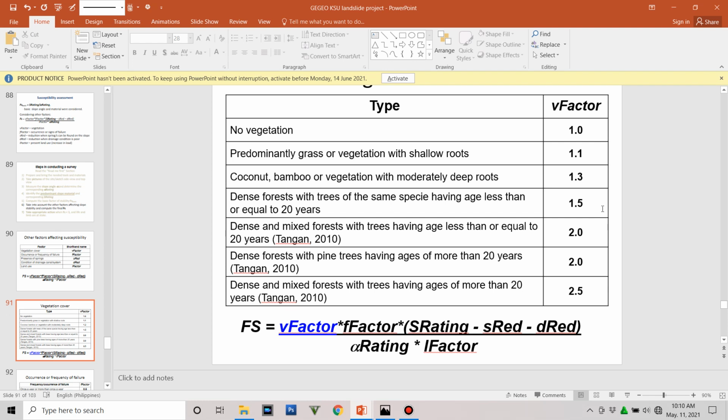If we have a dense forest with trees of the same species having less than or equal to 20 years, we have 2.0. Ito, yung pinakamataas is dense and mixed forest with trees having ages of more than 20 years, 2.5. So basically, in general, vegetation accounts, no?